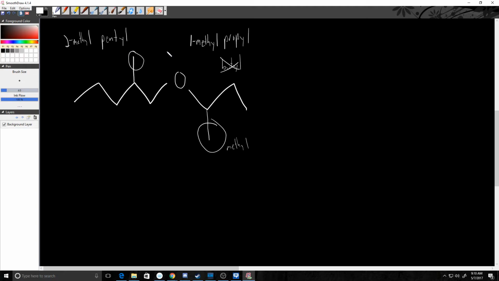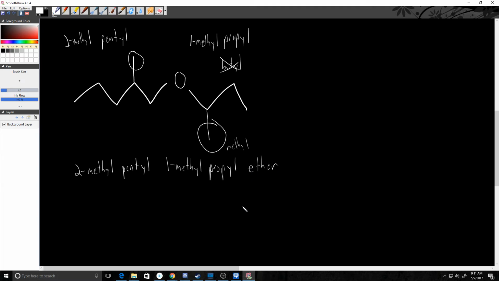So propyl and pentyl, which one comes first? Well, let's go to the next letter. R and E. Pentyl is going to come first. So for this one, let's call it 2-methyl pentyl. Over here, we have 1-methyl propyl. And to indicate an ether, we just end it with ether.